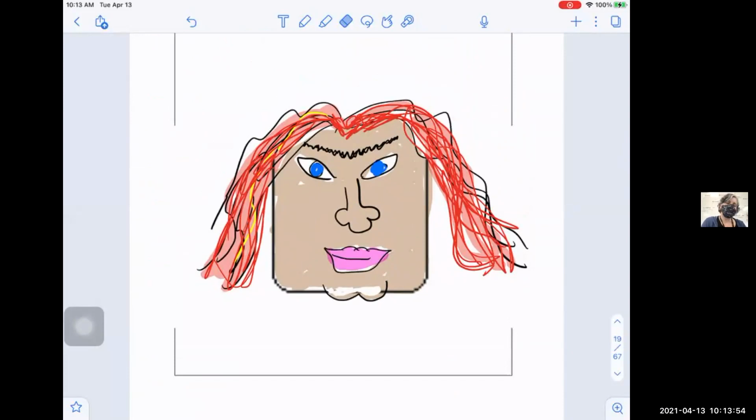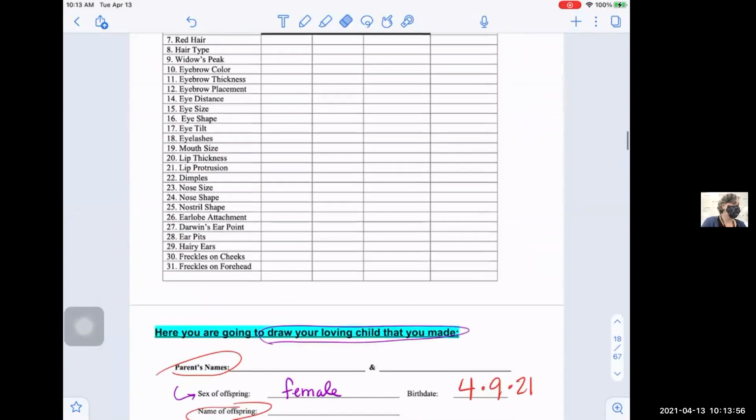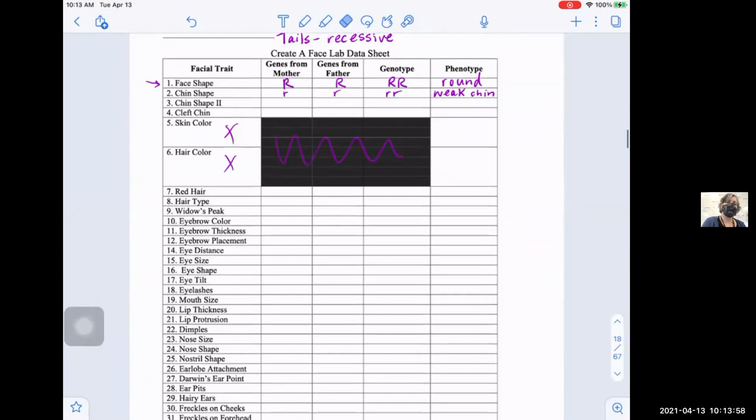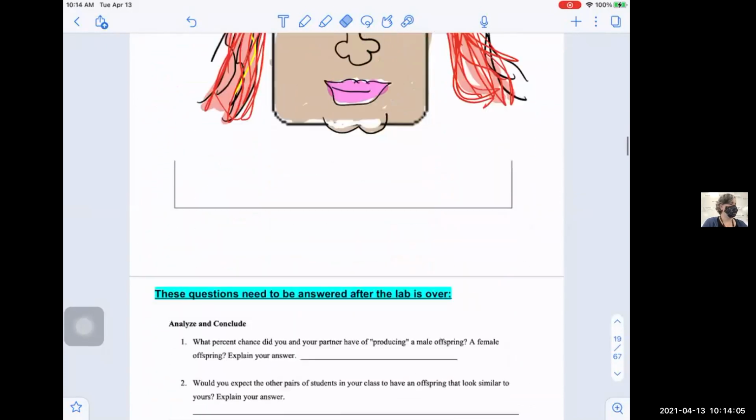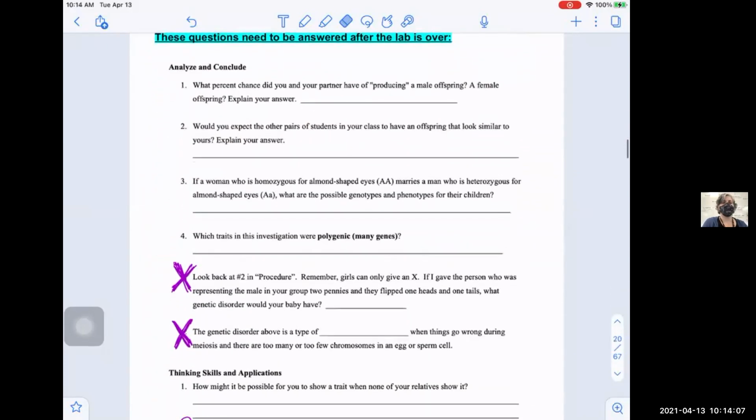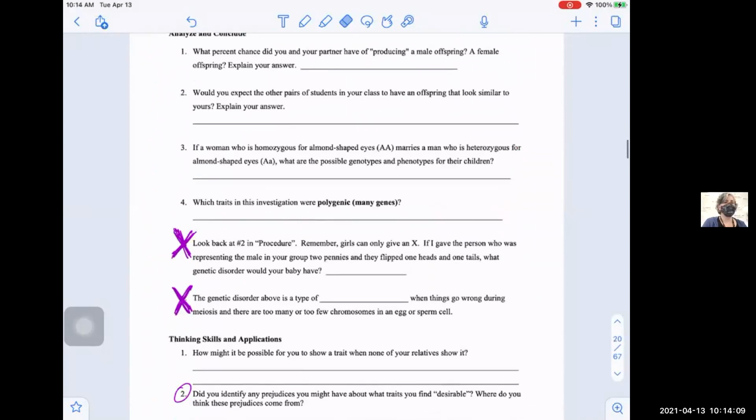It wasn't just drawing the picture for your homework. You needed to have this chart filled in at the beginning. And then you had to answer these questions on the last page. So just remember 5 and 6, you didn't have to do. So you should have crossed those out, but the rest of them you needed to answer. So were there any questions before I move on that you were like, I don't know how to answer that?